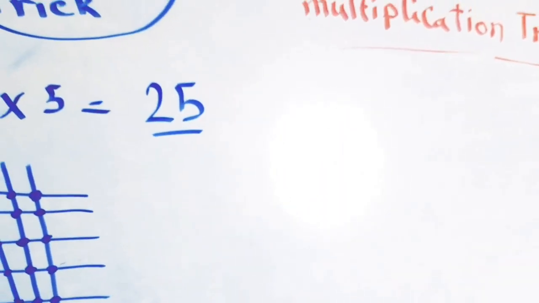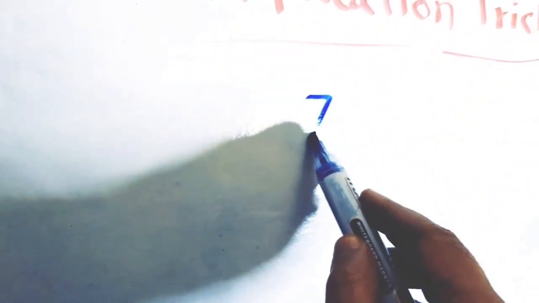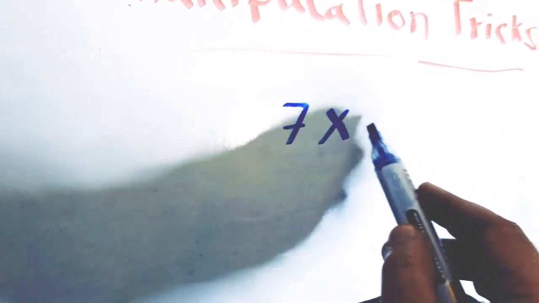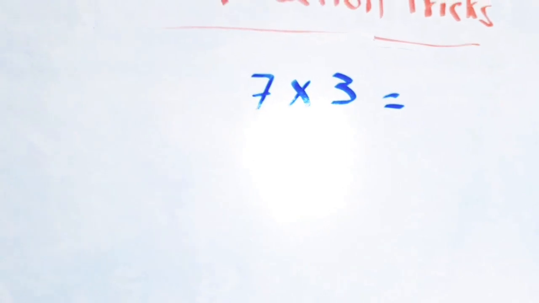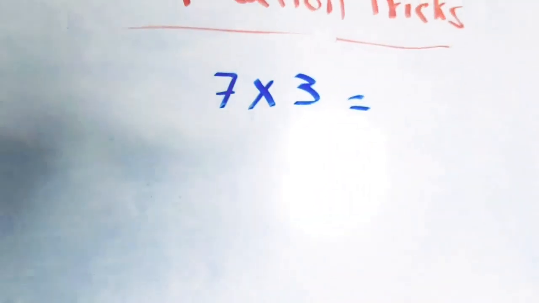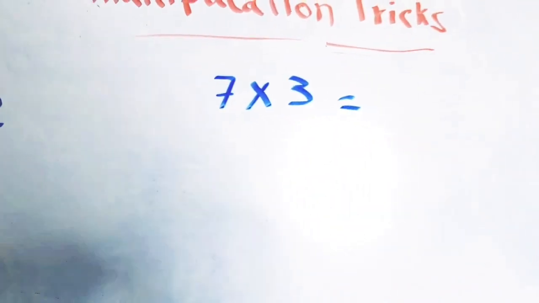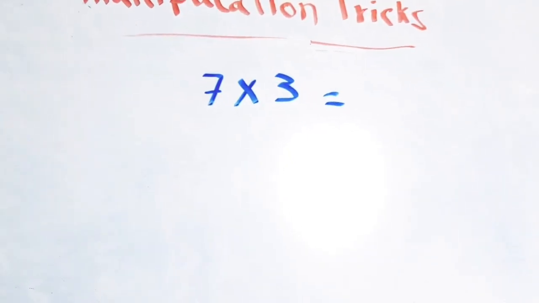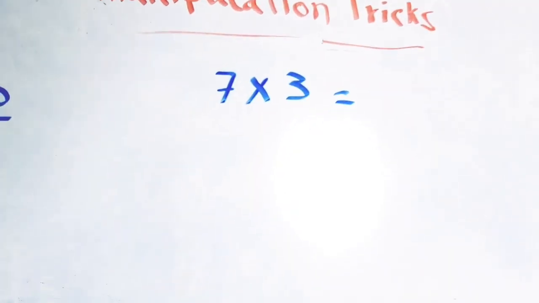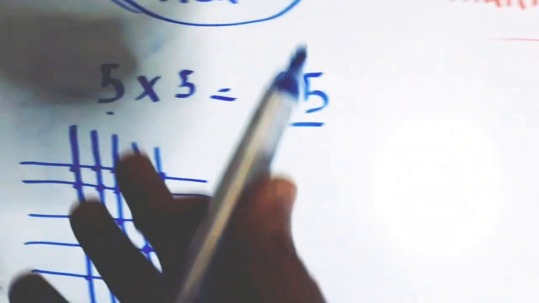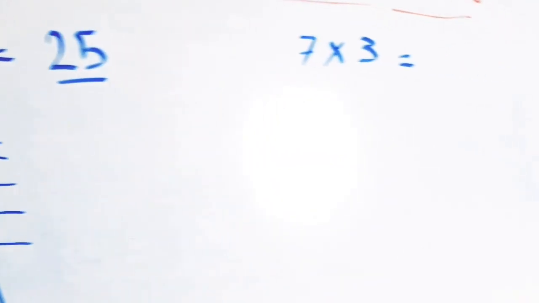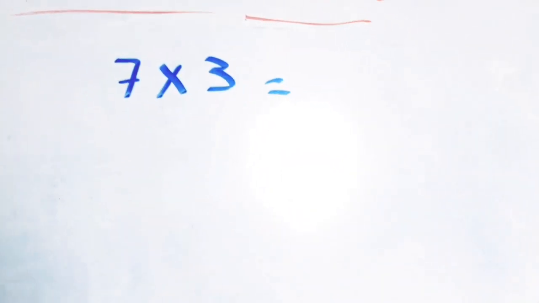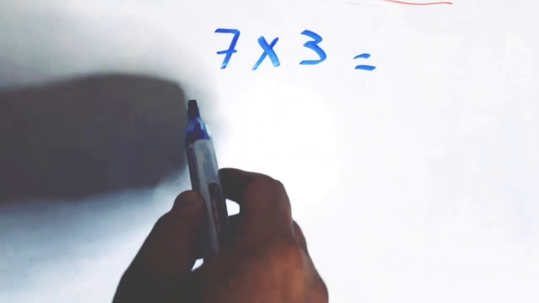Let's take another example. 7 times 3. We are gonna use this marvelous Japanese trick, which depends on using vertical lines and horizontal lines and dots. Look at the first number, which is 7.